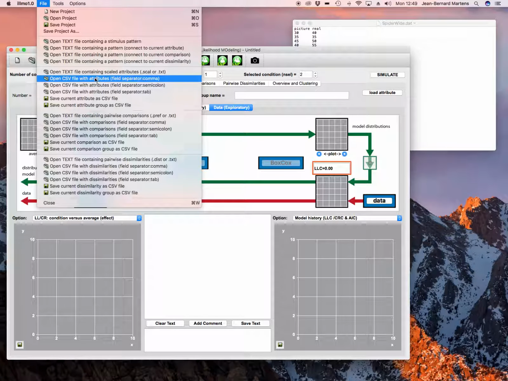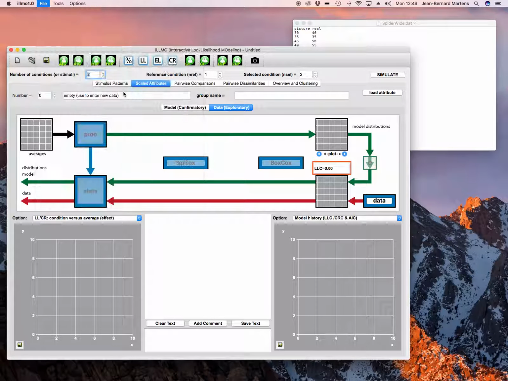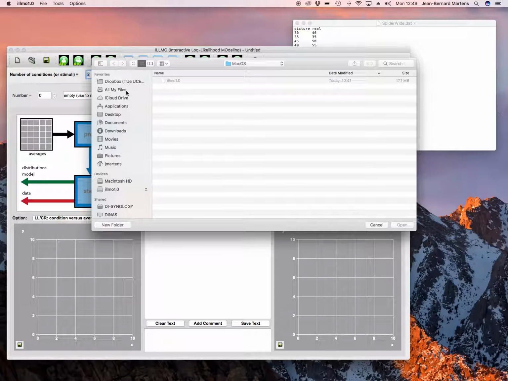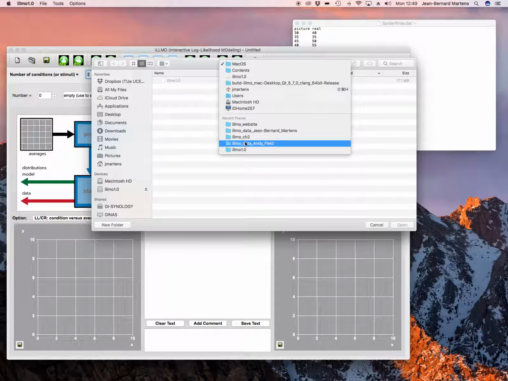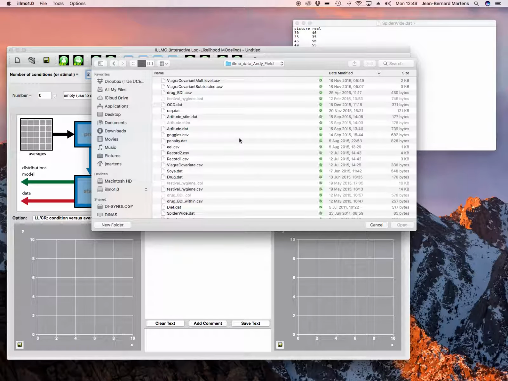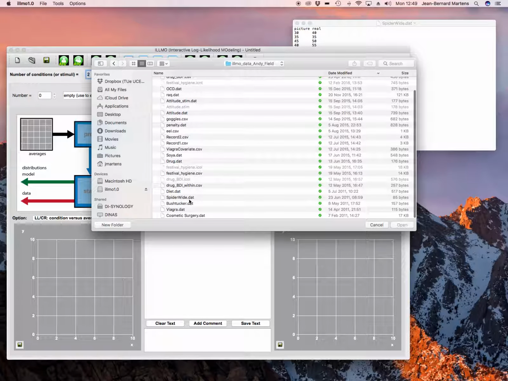So we open a CSV file, and we know that the field separator is a tab. The file is called spider wide.